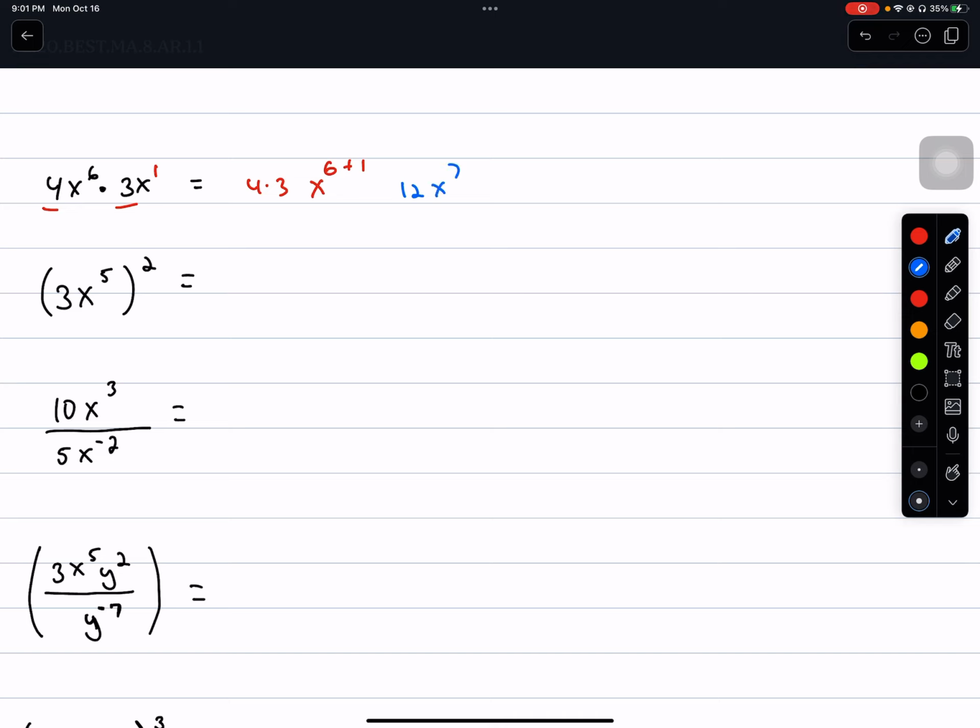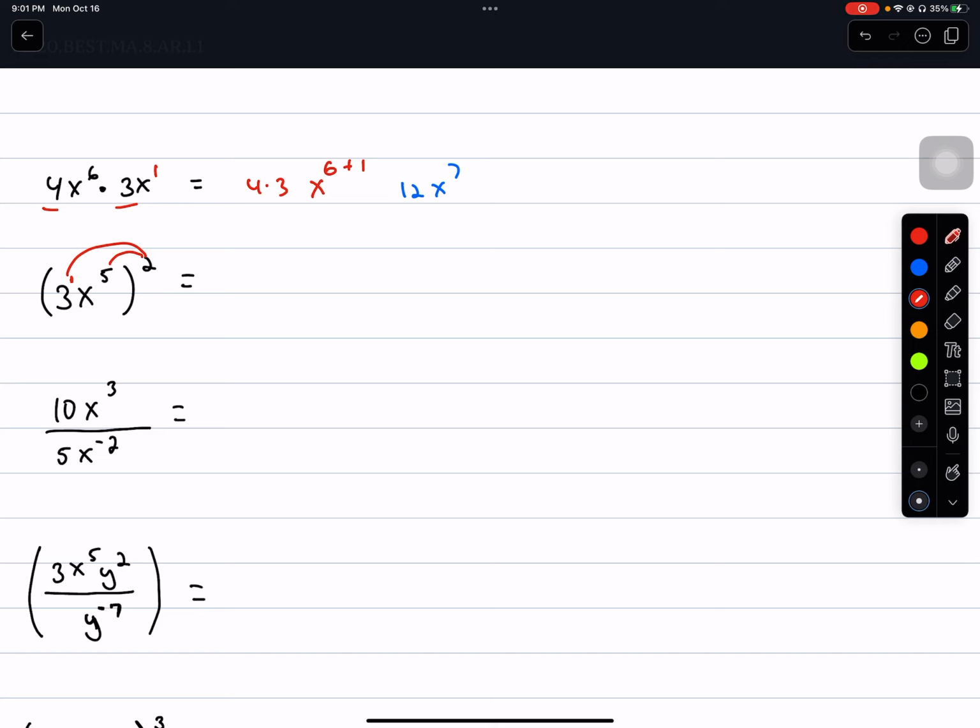The next one, now this is the power for power. All right, we want to multiply that 2 by each exponent inside the parenthesis.